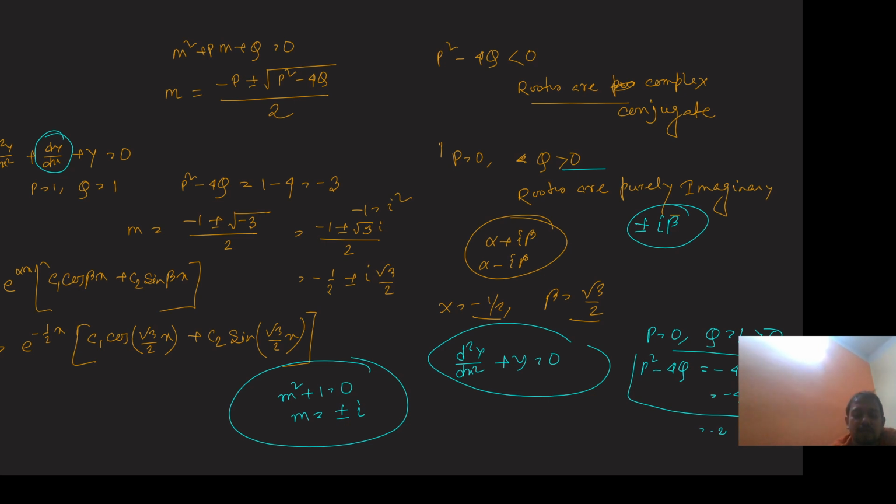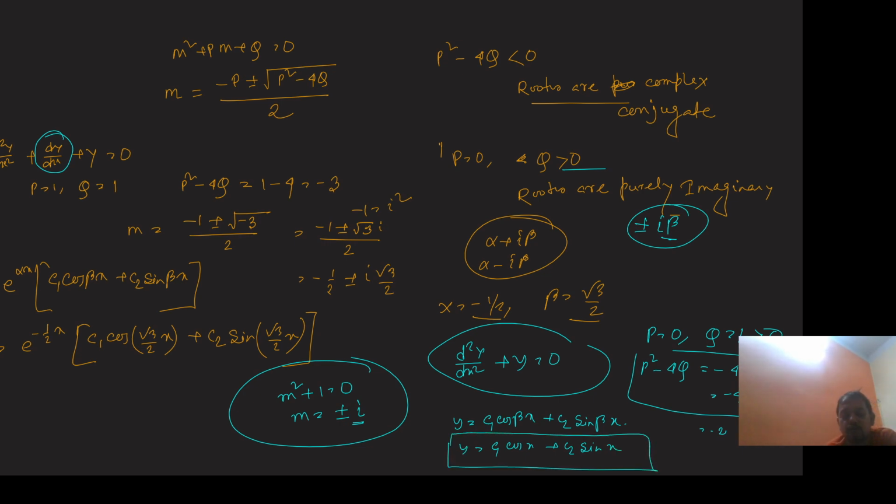If this is plus minus i beta, the solution is of the form y is equal to c1 cos beta x plus c2 sine beta x. And here the value of beta is 1. So it will be c1 cos x plus c2 sin x.